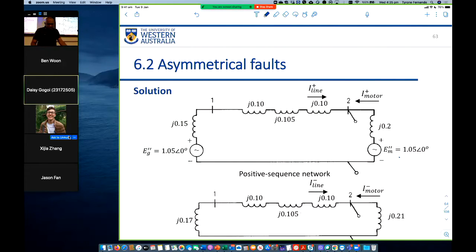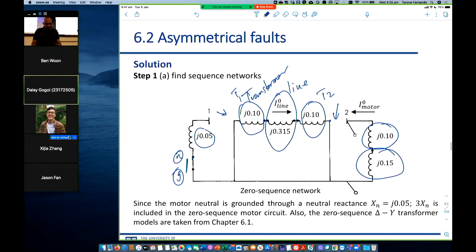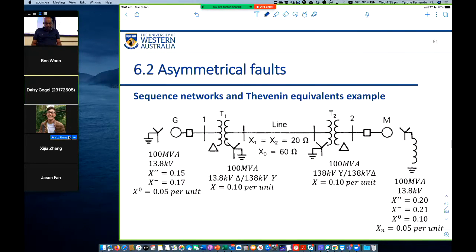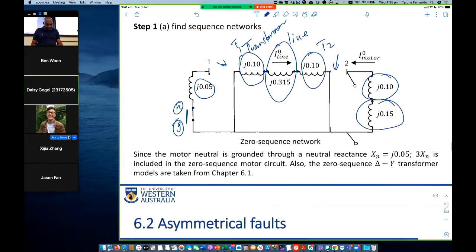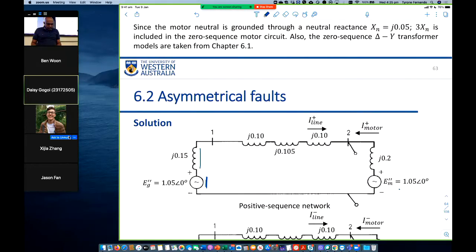We have the generator internal voltage, the reactance of the generator, connected to the line, the transformer reactance, connected to the line, connected to the transformer reactance, connecting to the motor reactance and the motor internal voltage. It's straightforward.